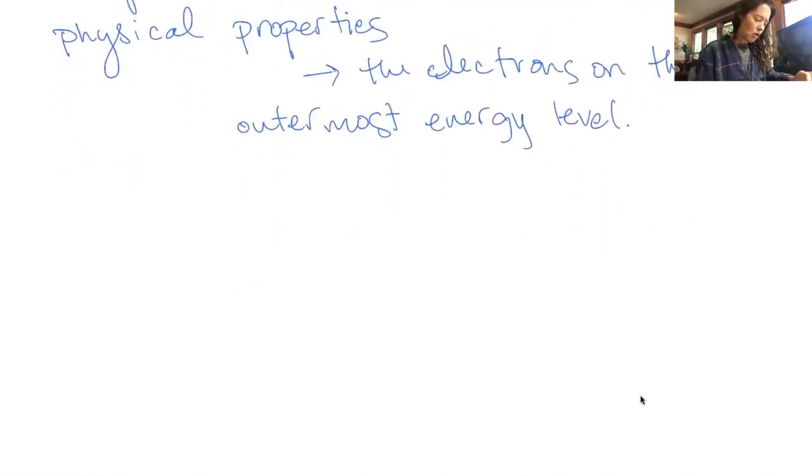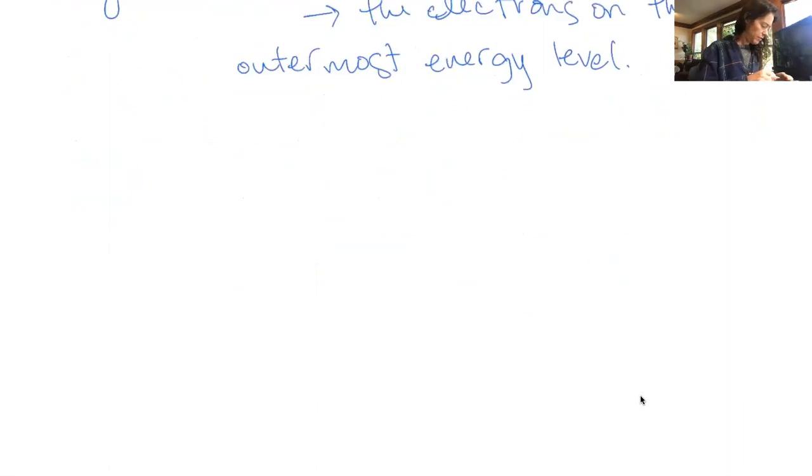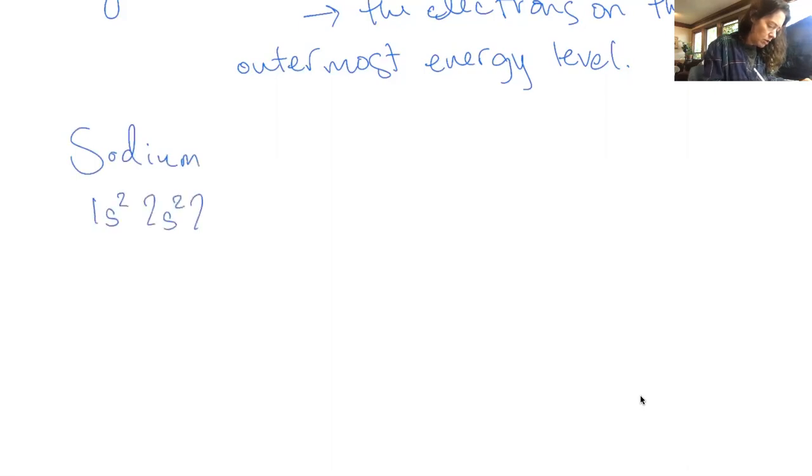So let's draw the electron configuration for sodium, all right? And what we'll see is we've got 1s2, 2s2, 2p6, 3s1. All right, that's cool. Well, if I identify my highest energy level, that would be the third, right?